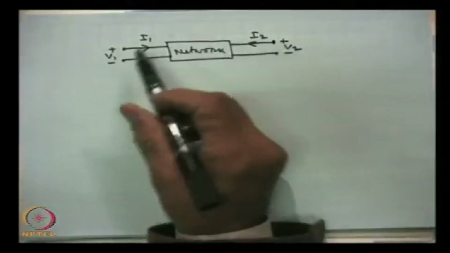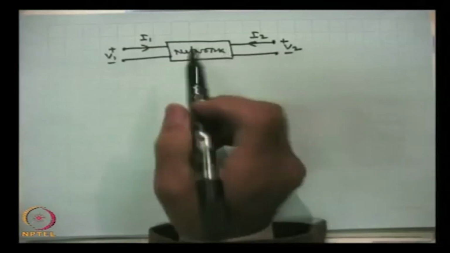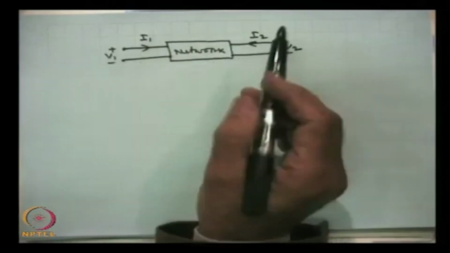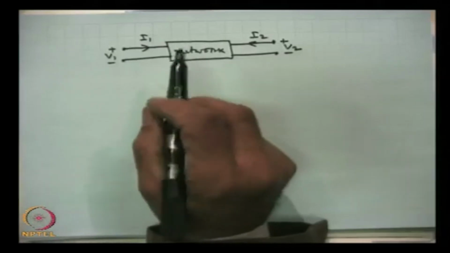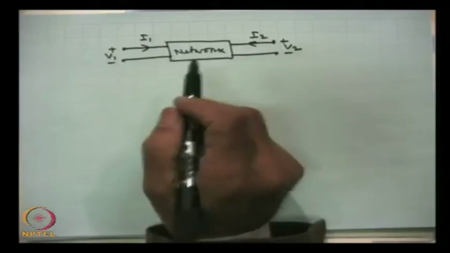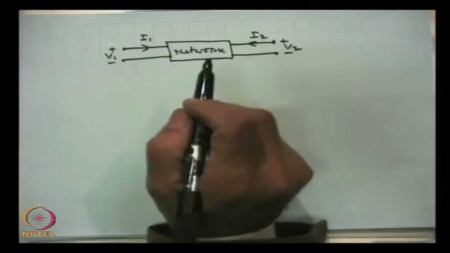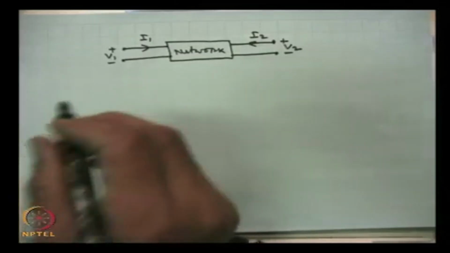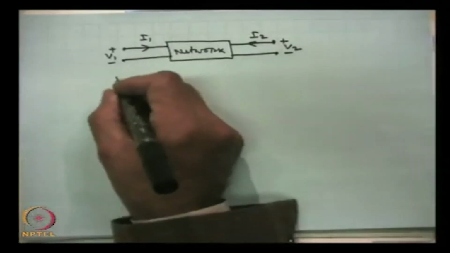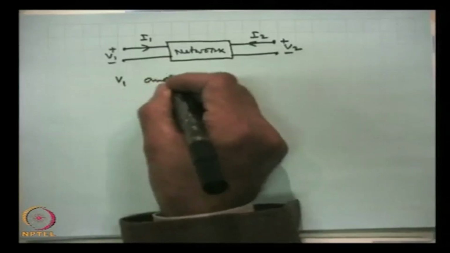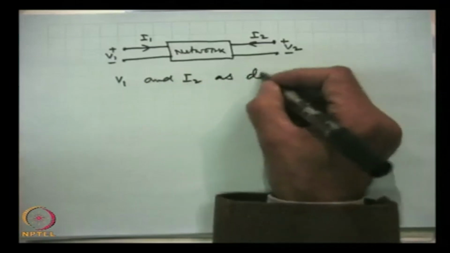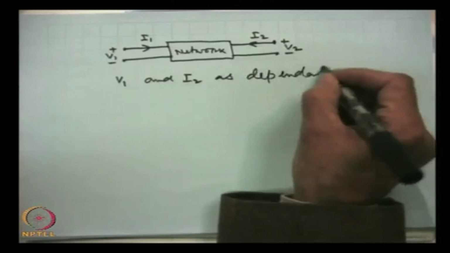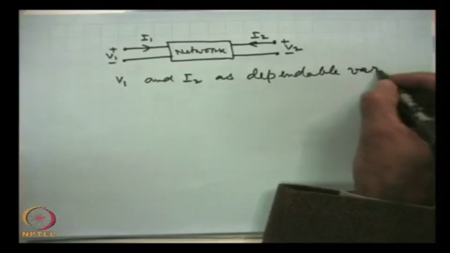The parameters can be defined by taking out of these 4 quantities the 2 currents and 2 voltages. 2 are taken as independent and 2 are taken dependent. So, we can write the fundamental relation for dependent variables. We take V1 and I2 as dependent variables.